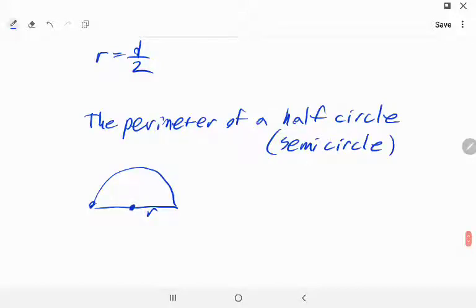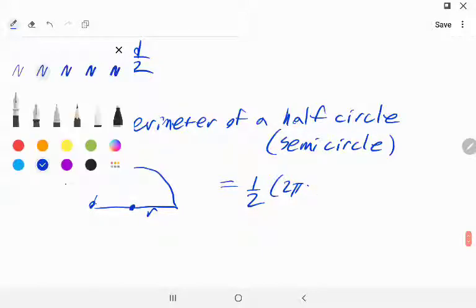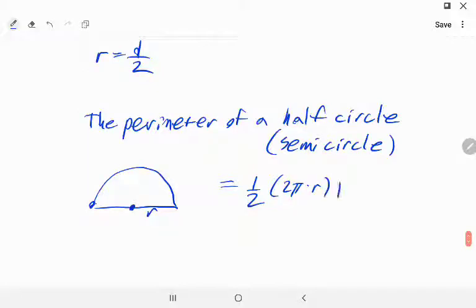We're going to get 1/2 of 2 times pi times the radius. But then we're going to add 2r for that bottom part. So we're going around the half circle, but then we have to go back along that bottom part.